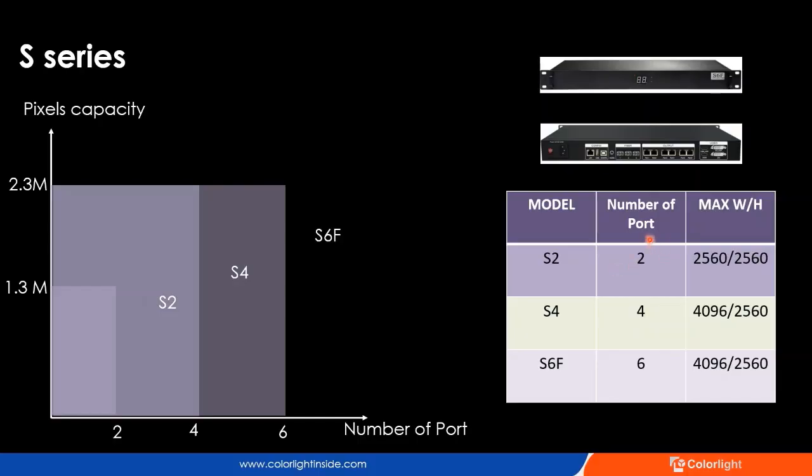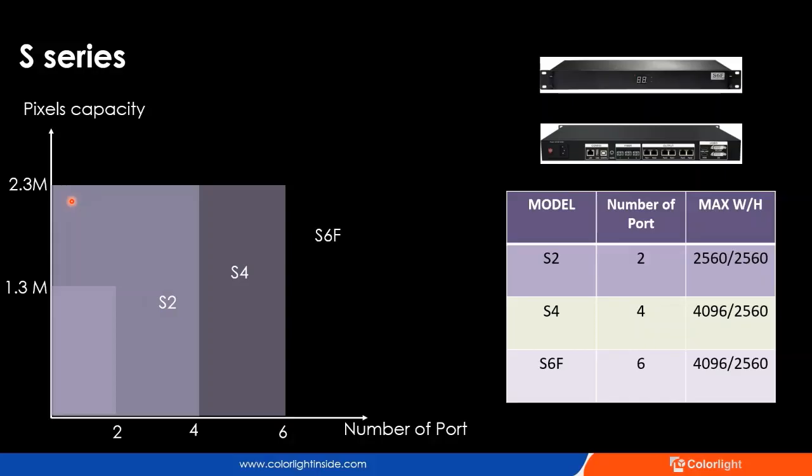X2 has 2 outputs, X4 has 4, and X6 has 6 outputs and a 2.5 GB fiber output. Let's take a look at this graphic. They are respectively loaded with 1.3 million pixels and 2.3 million pixels.